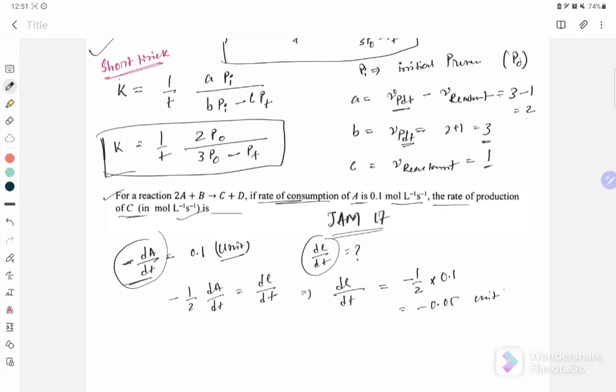This is negative, but we will not write the negative here because rate will always be positive. So our answer is positive, that is 0.05.